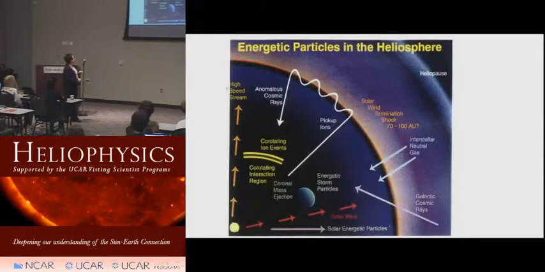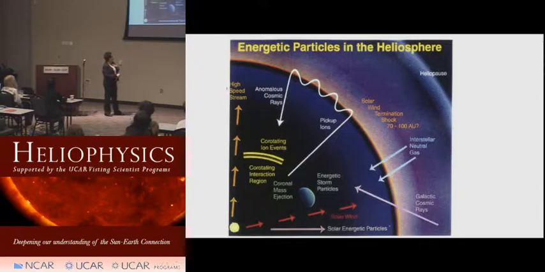So here is a schematic of lots of energetic particles in the heliosphere. I'm going to go through the different ones and show you the characteristics. But just for you to get familiar with some of the names, we know that coronal mass ejections, which I talked about in the morning class, accelerate particles, and flares as well.